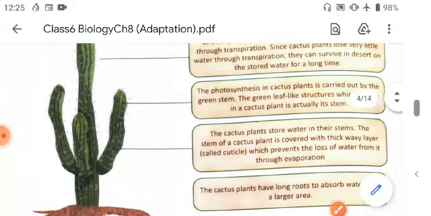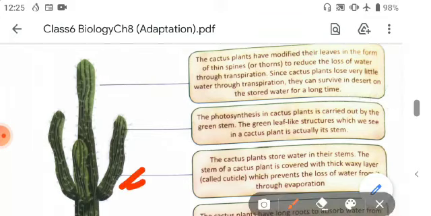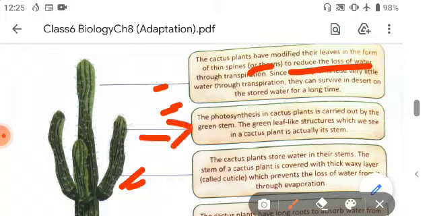In this plant, the leaves have been modified into the form of thin spines, and that reduces the water loss through transpiration. Next, photosynthesis in cactus plants is carried out by the green stems. The green leaf-like structures which we see in a cactus plant are actually its stem.